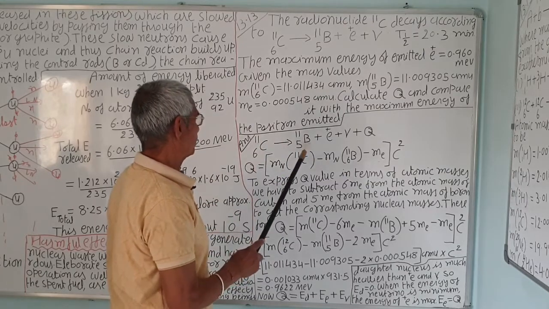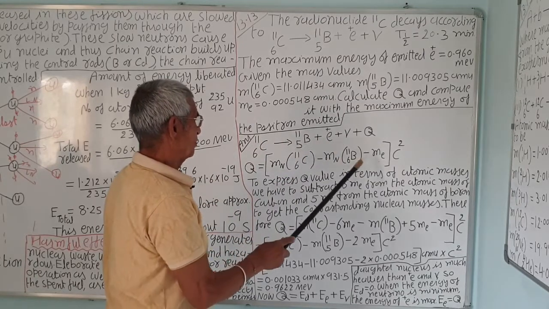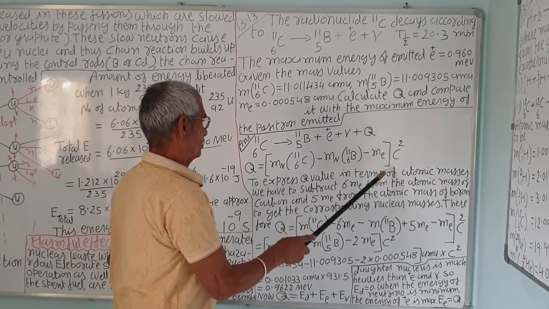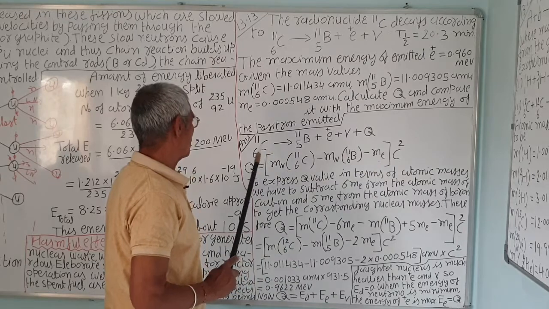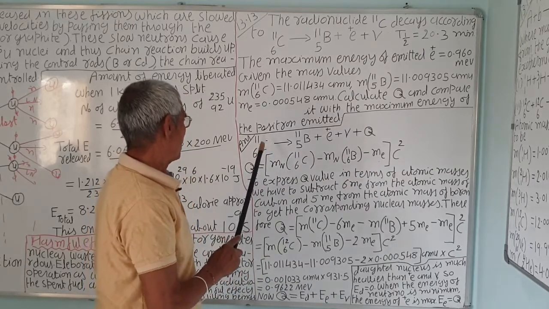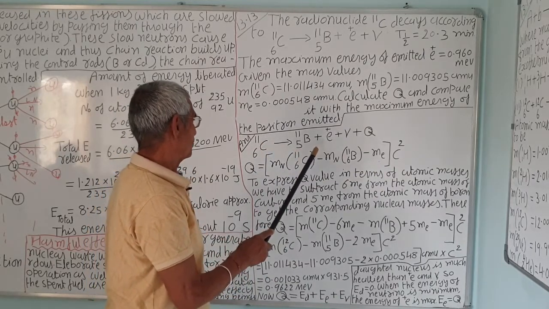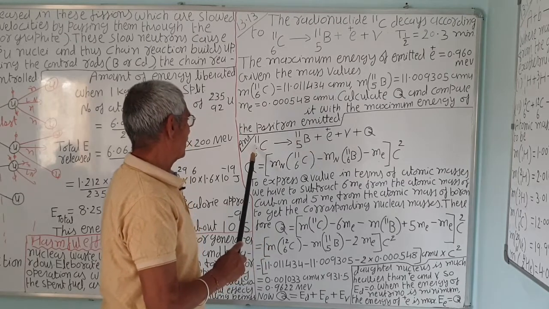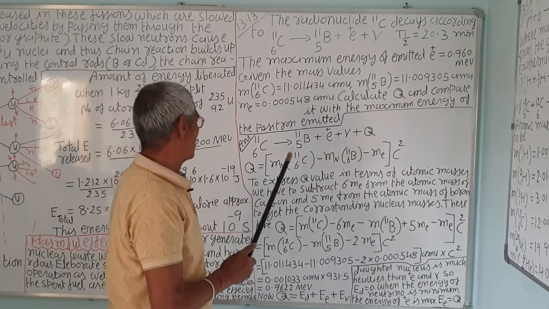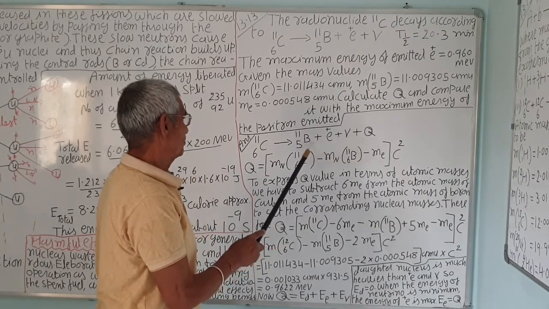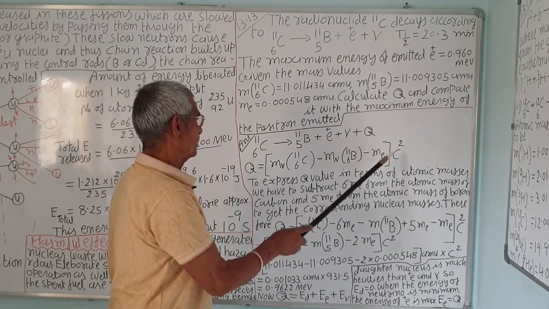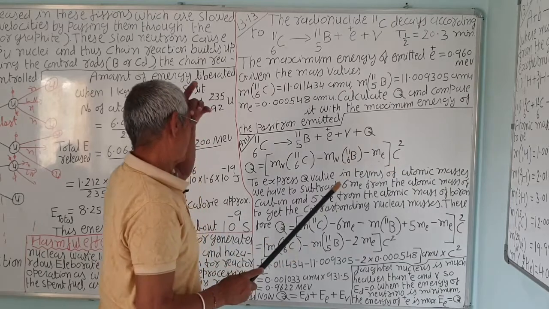From this mass we have to subtract the mass of the positron, Me, multiplied by C square. This is the mass defect: the mass of the reactants minus the mass of the products, that is, the mass of the parent element minus the mass of the daughter elements, multiplied by C square.